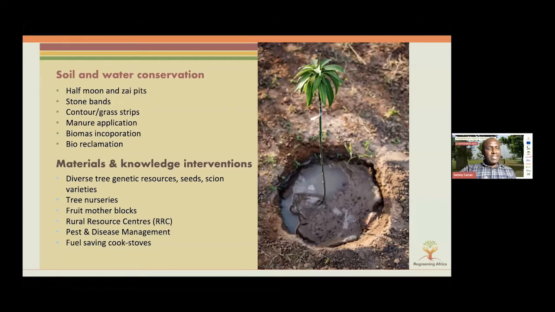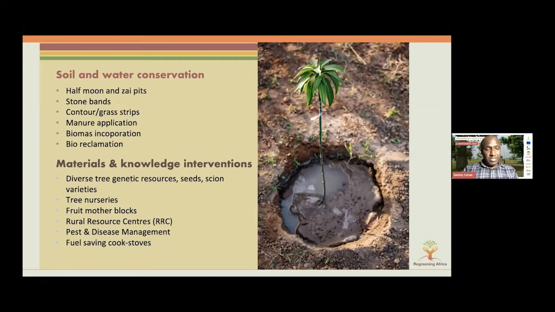Yes, and in most contexts, what we've seen is it's not enough to only do tree planting. So we look at the broader issues in terms of the physical situation of the soil, and what we can do in terms of soil and water conservation. A lot of structural support to communities to do earth mounds, stone beds, contour planting, and to look at soil health in terms of manure application, but also biomass incorporation.